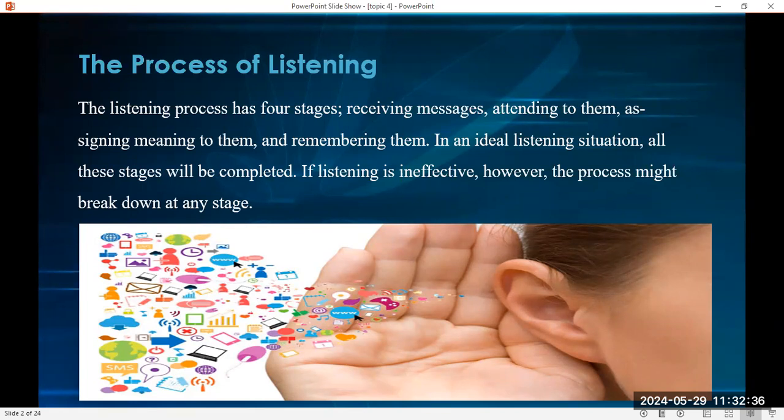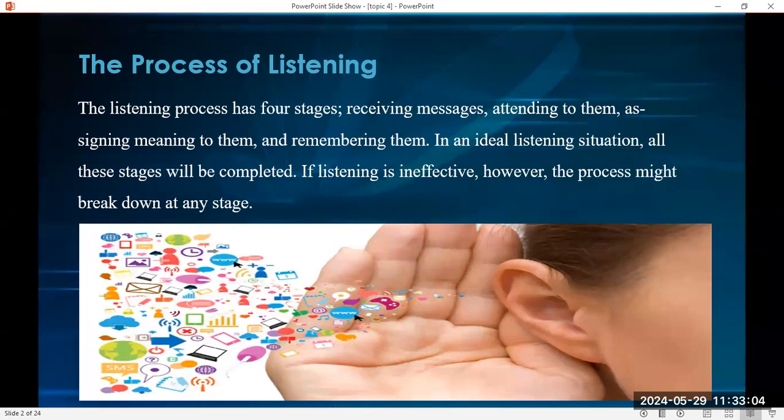If listening is ineffective, however, the process might break down at any stage. You have heard you ask somebody, "Where were you?" And then that person tells you, "I'm eating." That simply means they did not do what? There was a breakdown in one of the 4 main stages of listening.